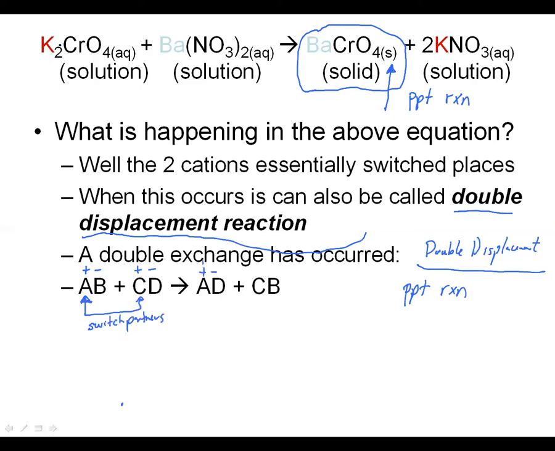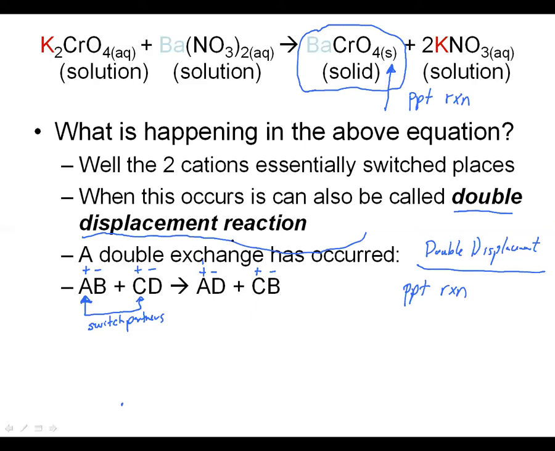And what they will do is make two new ionic compounds on the other side. And if we look up here at our precipitation reaction, that's exactly what we are seeing. We have potassium chromate. Potassium is positively charged. Chromate is negatively charged. Barium is positively charged and nitrate is negatively charged.